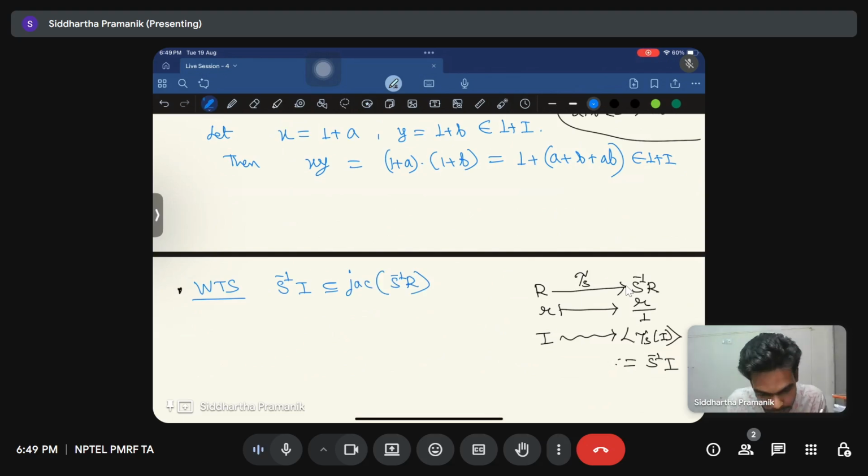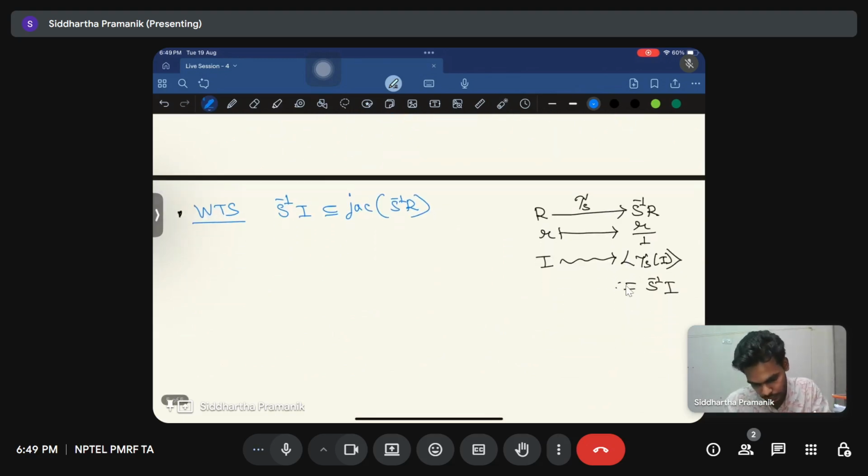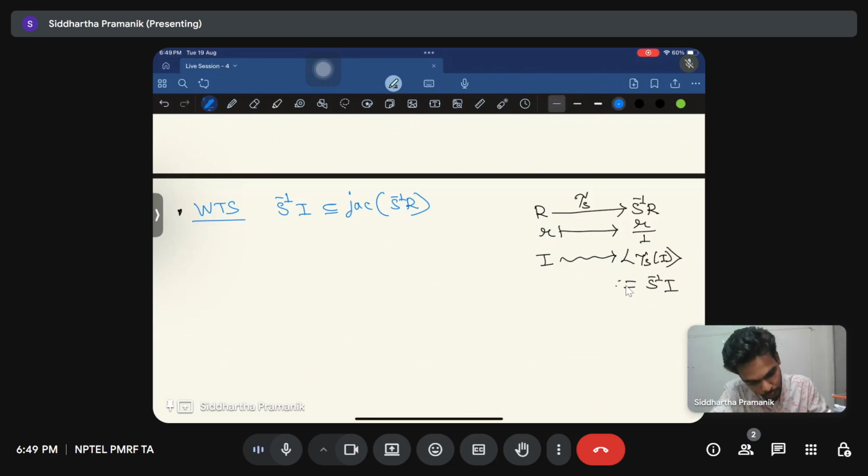So what is the Jacobson radical of a ring? It is basically the intersection of all maximal ideals of that ring. Okay, let me write that also.